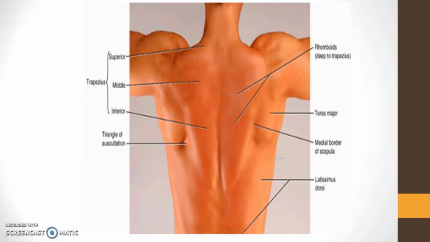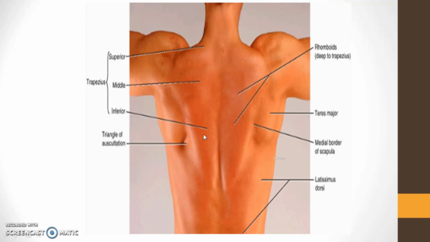It is a triangular area, as you can see, related close to the chest wall, and its lower boundary is formed by the horizontal border of latissimus dorsi. Then the medial boundary is formed by the lateral border of trapezius muscle.